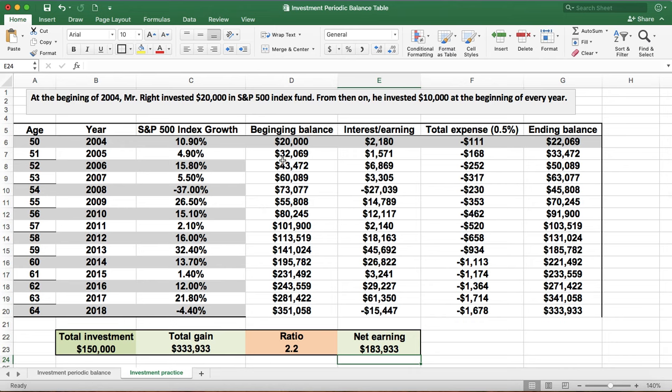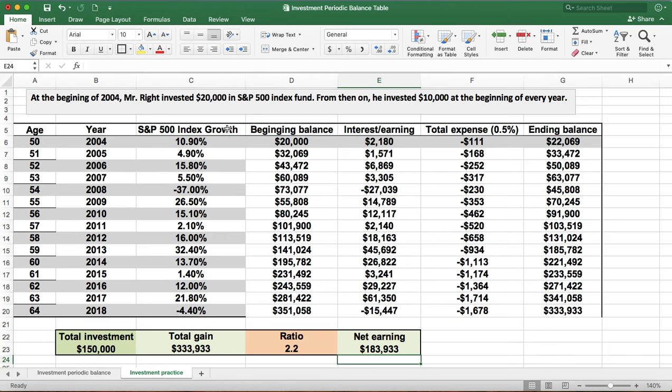This periodic investment balance table actually is a generalized table. You can change some values here.